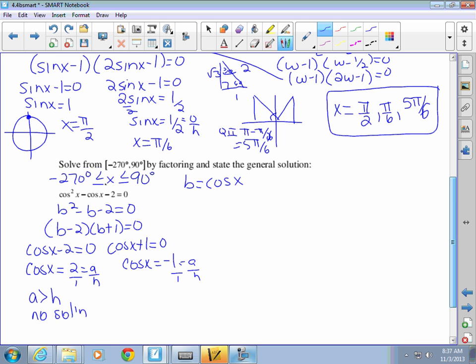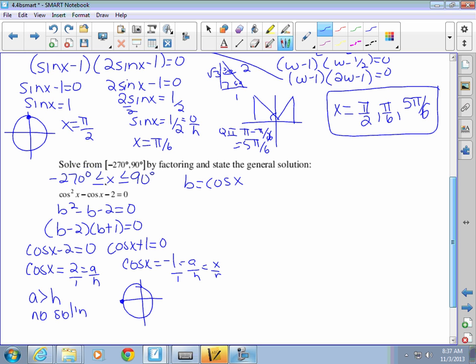Okay, so cos x is equal to negative 1. Or I could use this adjacent over hypotenuse, because this is the same as saying x over r. So I know that that's giving me a unit circle. Cos x is the same as my x value. So my x value is equal to negative 1 right here.